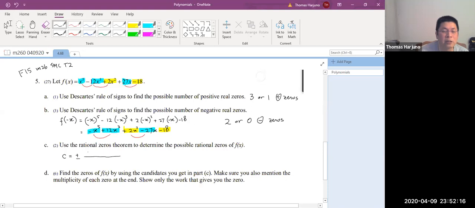In this case, they are 1, 2, 3, 6, 9, 18. That's the factors of 18.